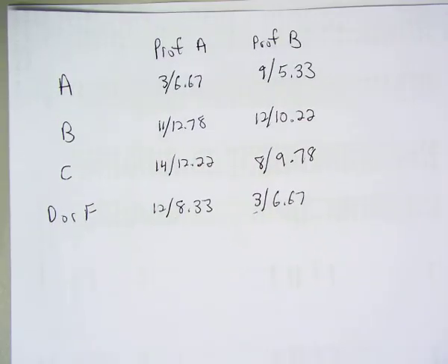Well, Professor A definitely gave more A's and B's than expected and fewer D's or F's. He gave fewer A's or B's than expected and more D's or F's than expected. Professor B, he gave more A's and B's than expected and had fewer kids fail than expected. So that's what we're going to put down.